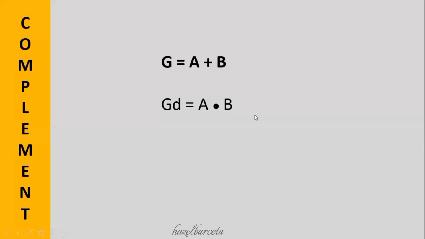So, getting the complement, G prime, kukunin natin yung complement po ng ating variable. Dito, papakialaman na po natin yung variable. Kukunin po natin yung complement niya. So, A prime, then, just like kay dual, papalitan po ito natin ng times. Then, the complement of B. So, this is the complement of function G. So, here, magkaiba po ang ating dual at ang ating complement.